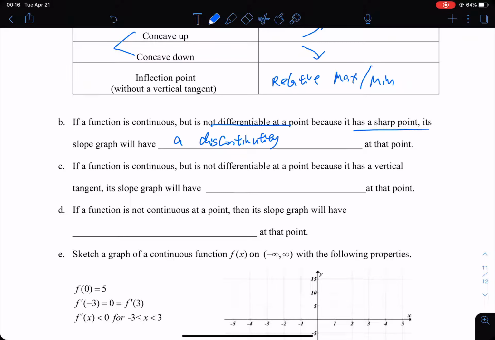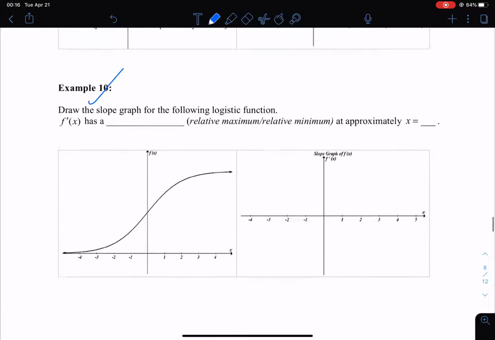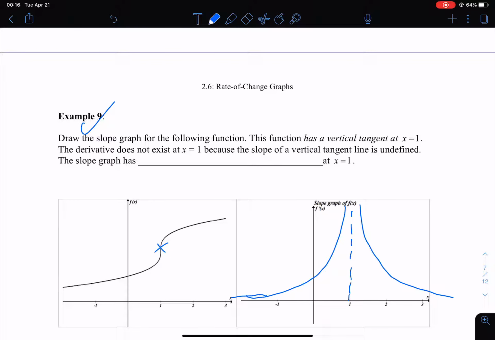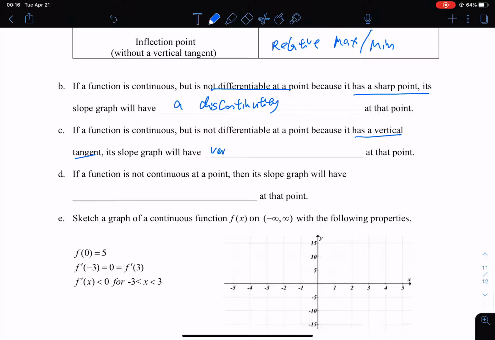If the function is continuous but not differentiable because it has a vertical tangent line, the slope graph shows a vertical asymptote, just like this one, because at this point we have a vertical tangent line, so you can see here we have a vertical asymptote. And example D, if the function is just not continuous, then the slope graph has a discontinuity. They're the same.